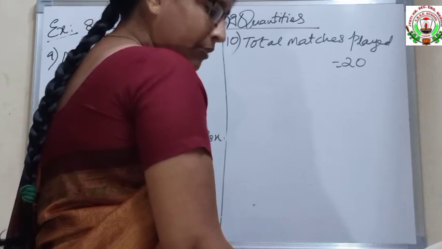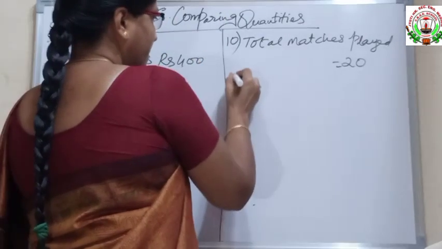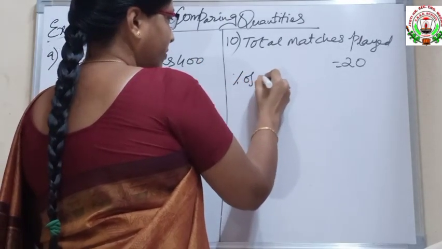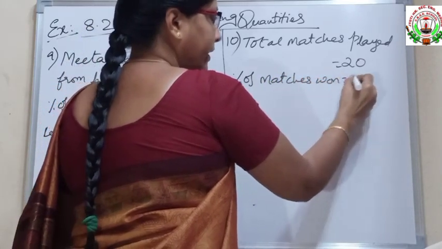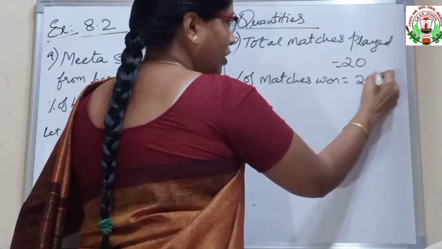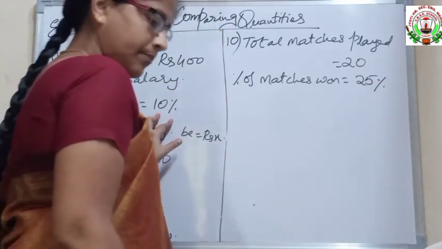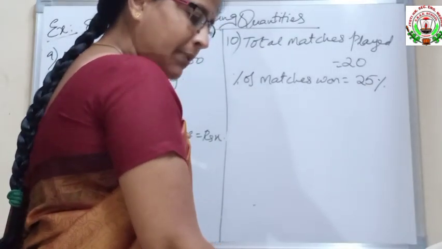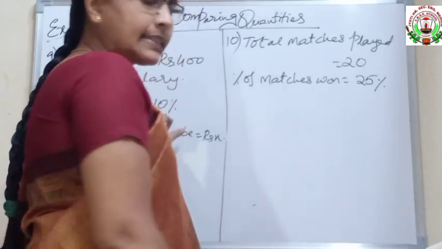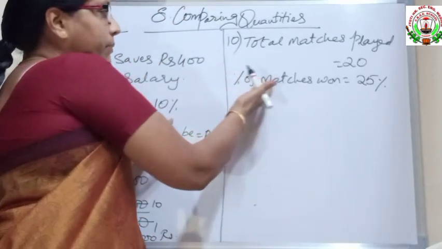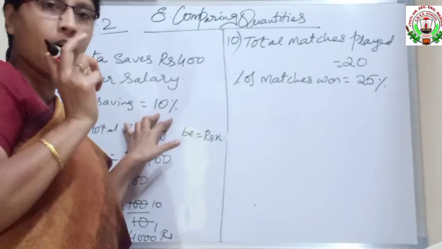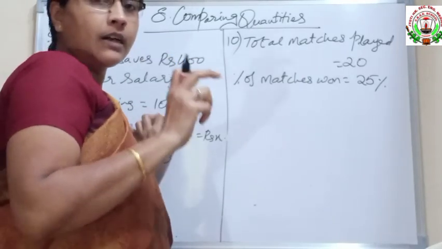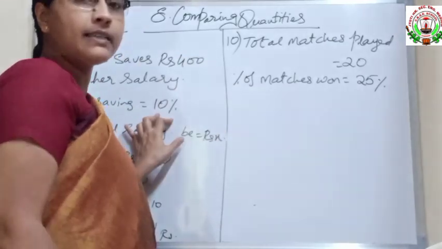It won 25% of them. Percent of matches won is 25%. How many matches did they win? They have given the percent of matches they have won, but they are asking how many matches. They want the number of matches that team has won.